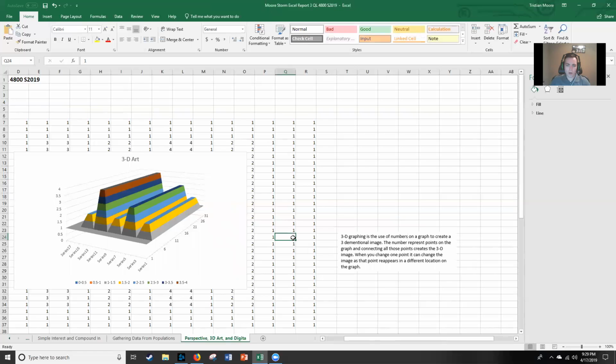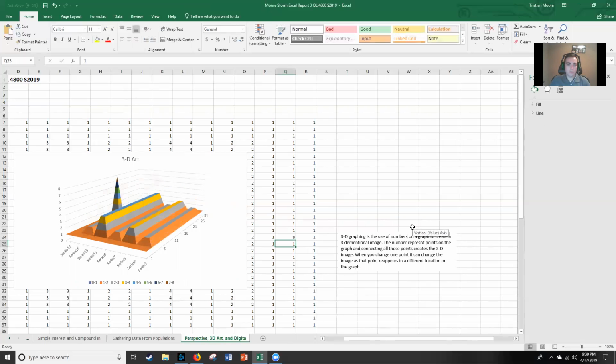So I'm going to change this point kind of drastically. I used 2s and 3s and 4s in this data. So if I throw an 8 in here, whew, look at that. It changes my data to create maybe a pyramid here.